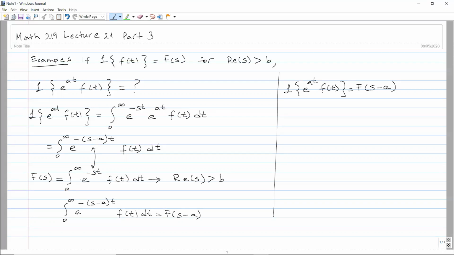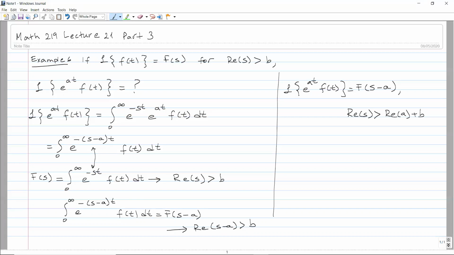Now, I replaced s with s minus a, so in this formula, I should have real part of s minus a greater than b. But real part of s minus a is real part of s minus real part of a. So this formula is valid for real part of s greater than real part of a plus b.